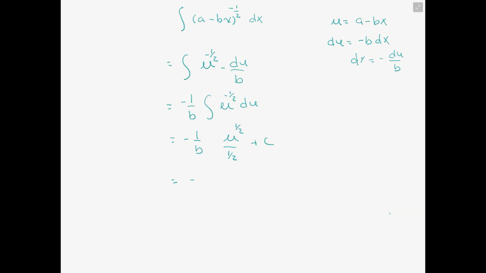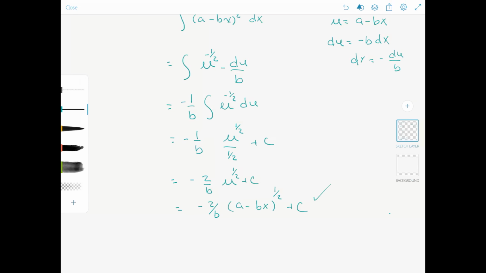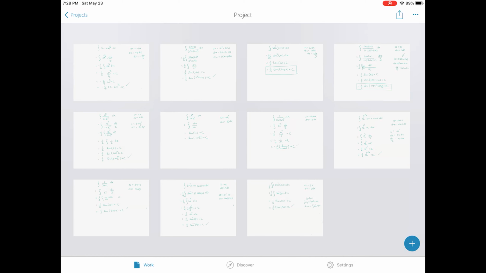And now we do our integration, minus 1 on b, and that's u to the 1/2 over 1/2 plus c, and that is equal to 2 on b u to the 1/2 plus c, and finally minus 2 on b, a minus bx to the 1/2 plus c.